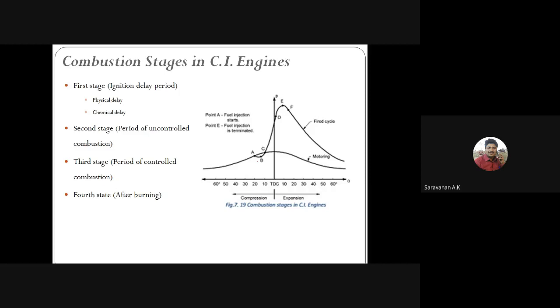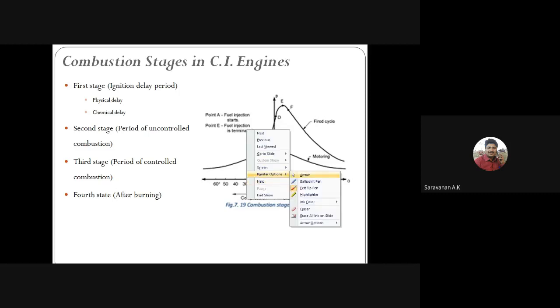At that time, it will gradually increase its pressure. Once the flame starts to ignite, that is, the flame appears, that point will be denoted as C point.